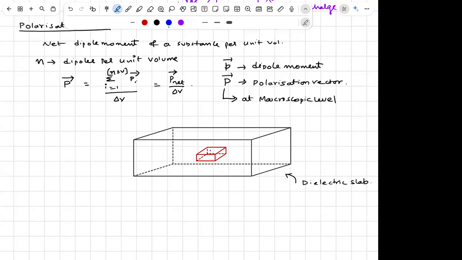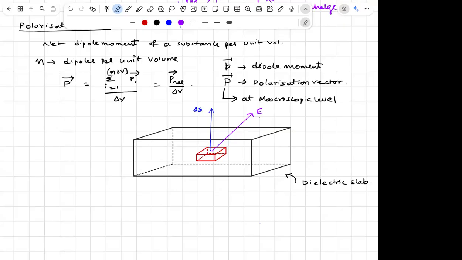Now I am assuming this is a normal to that portion, which I will represent as delta x. Imagine that in this region you just have an electric field available like this.